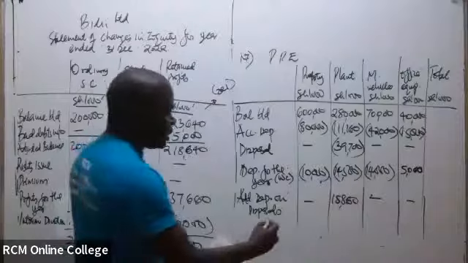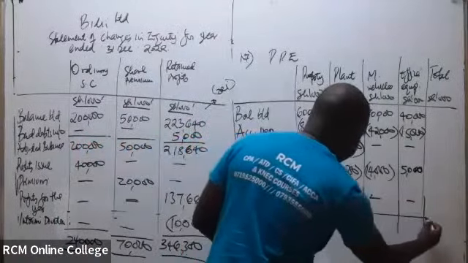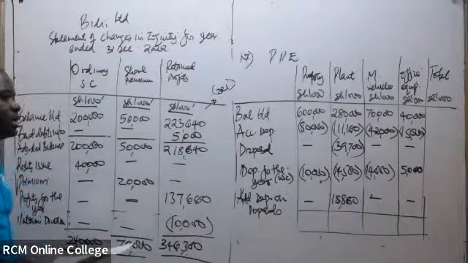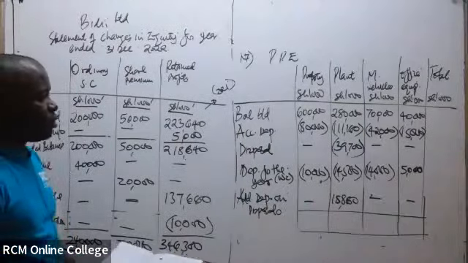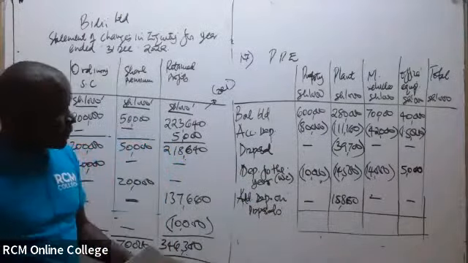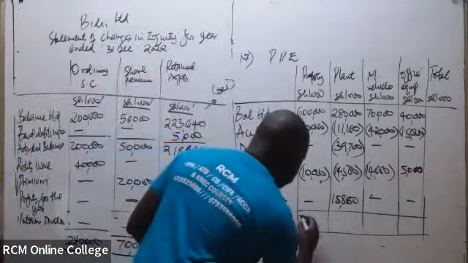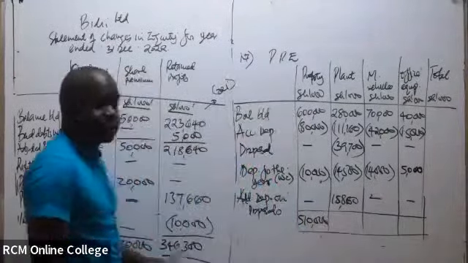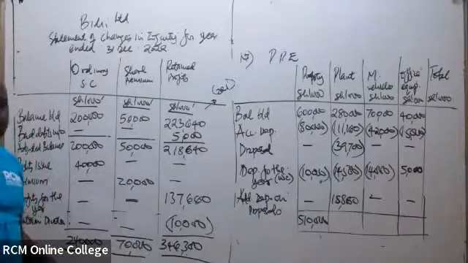I think those are the only items, so you can do the computation. Try to do the computation and tell me the figures down here. How much are you getting here? I think it is 510 million. What about under plant? How much are you getting?